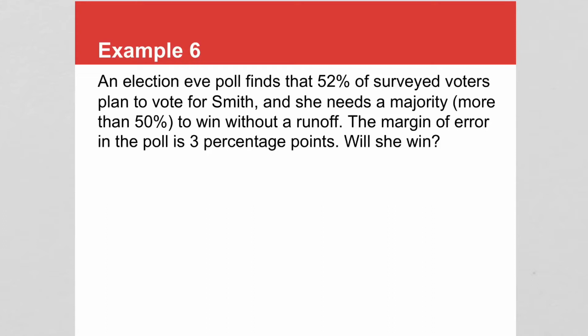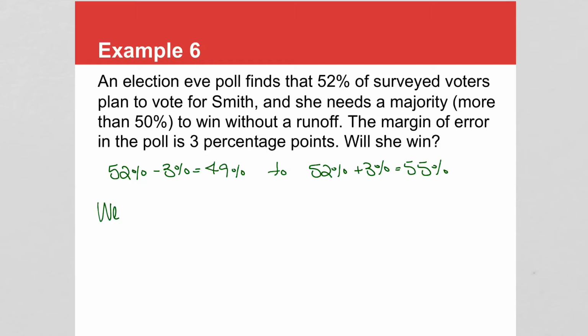Will she win? So what we need to do is 52% minus 3% and 52% plus 3%. Okay? So if this were a 95% confidence interval, we can say that we are 95% confident. There's 3 types of most commonly used confidence intervals, 90, 95, and 99, by the way.